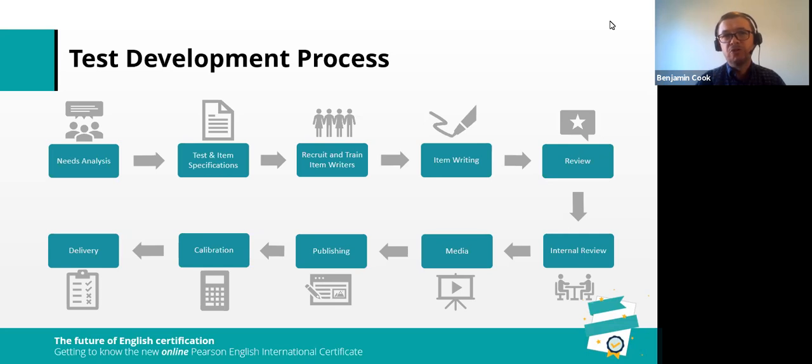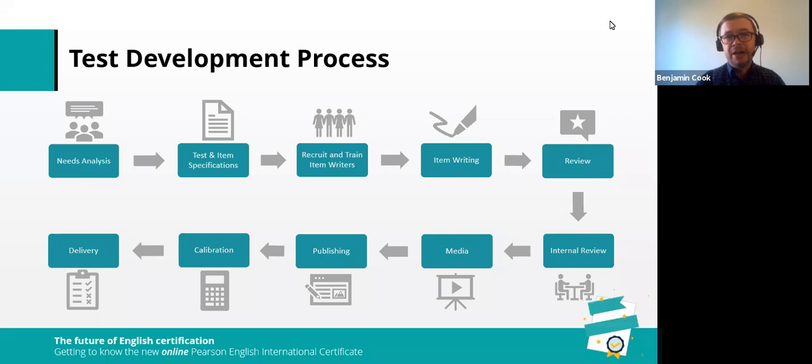What would be useful to see on a score report? It could be practical concerns like how long would you like the test to be? How would you like to access the test? It could be what would you like to actually be assessed in the test? Is it just grammar or is it a range of skills? So we spend a lot of time talking to all our customers, talking to potential customers about what they would like to see in the test.